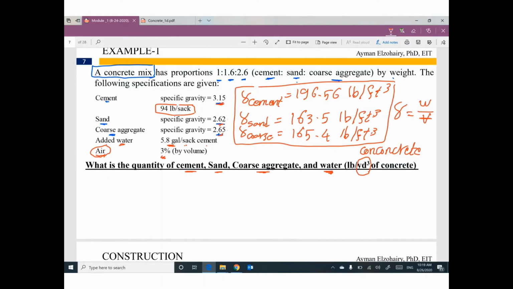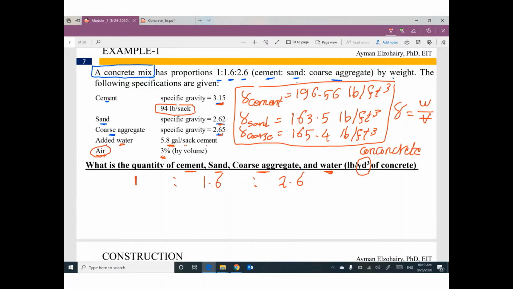Okay, the ratio between cement, sand, and coarse aggregate is given as 1 to 1.6 to 2.6.